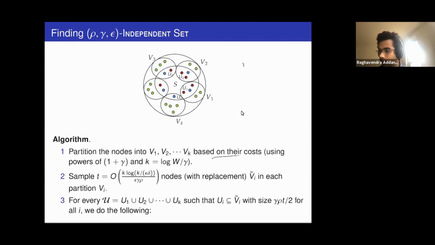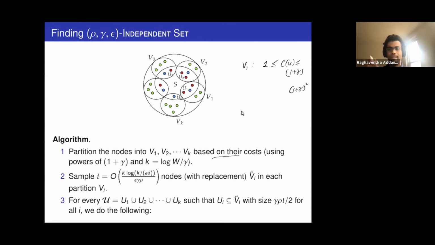V1 will contain all nodes with cost between 1 to 1 plus gamma. V2 will contain 1 plus gamma to 1 plus gamma squared, and so on and so forth. That's how you can construct these partitions. The total number of partitions will be log W, the maximum cost node, by gamma, which can be treated as constant. So we have essentially formed k partitions of the graph, and k is a constant.